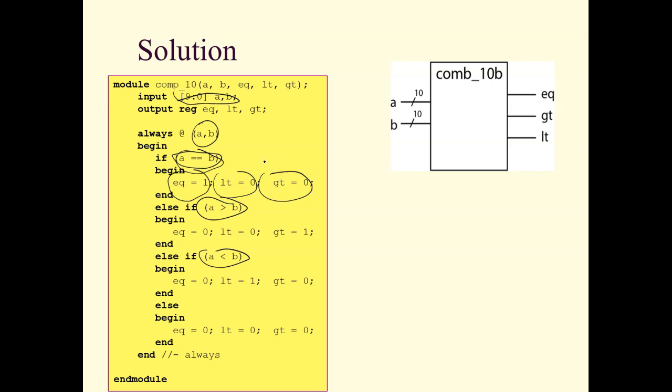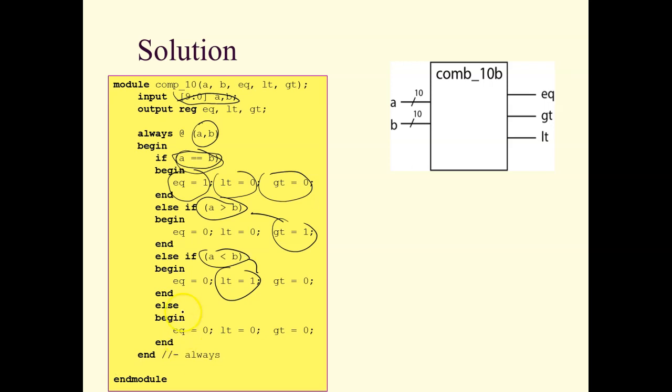You can see that happen for each of the other if clauses, and nothing exciting there. But the important thing here is that in each of these if clauses we have assigned all three outputs, and thus we avoid generating a latch.